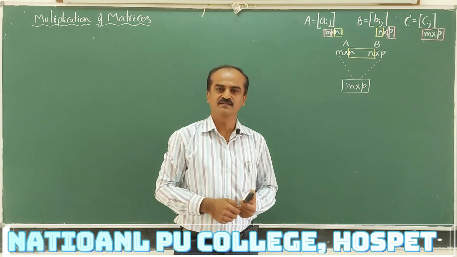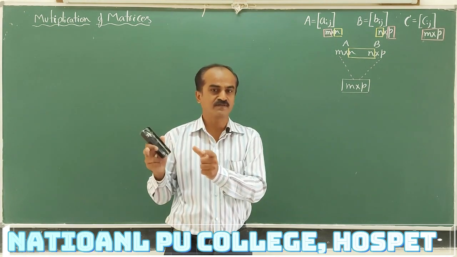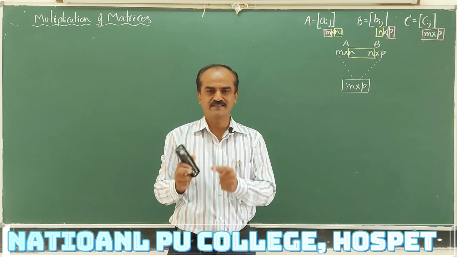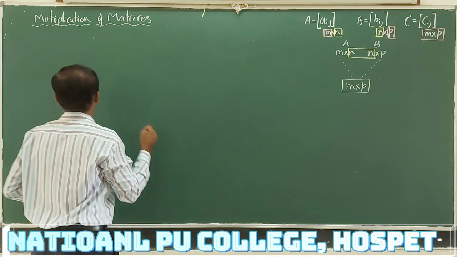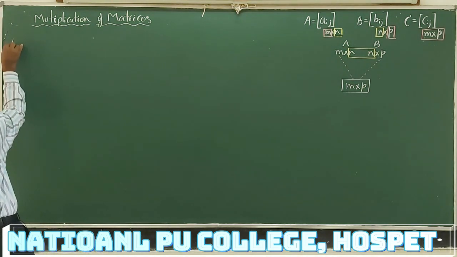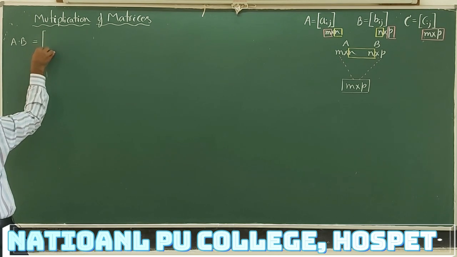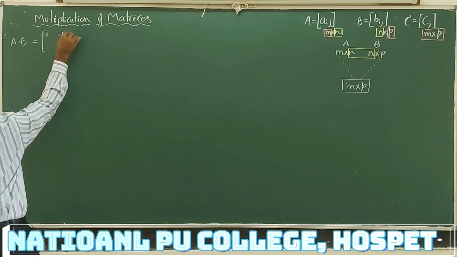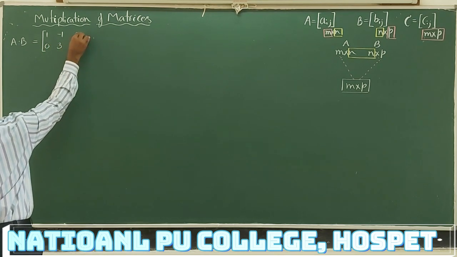Let me write two matrices in such a way that the number of columns of the first matrix is the same as the number of rows of the second matrix. So let me take the matrix A as 1, minus 1, 2; 0, 3, 4.